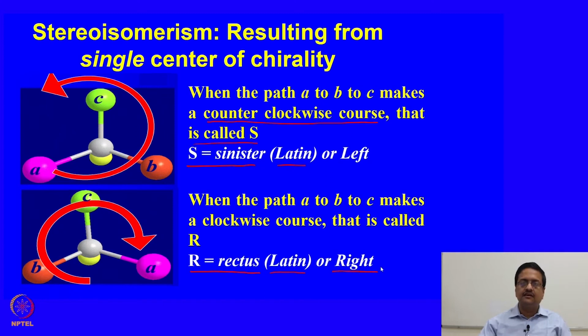So clockwise rotation from priority 1 to 2 to 3 makes it R, and anti-clockwise rotation makes the nomenclature S. So we identify stereoisomers by writing R or S with the chiral center.